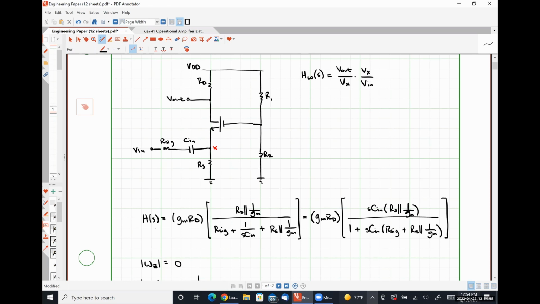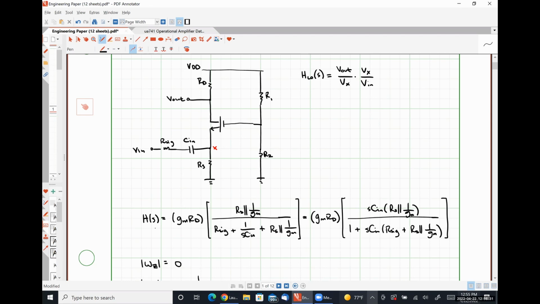We could analyze that either using a direct approach like this, where we literally just break our transfer function up into stages, or we could literally throw away all of this and just look into this network effectively and see what resistance is seen from this point, what capacitance is seen from this point, and then use those pieces together to figure out what our poles and zeros are going to be.